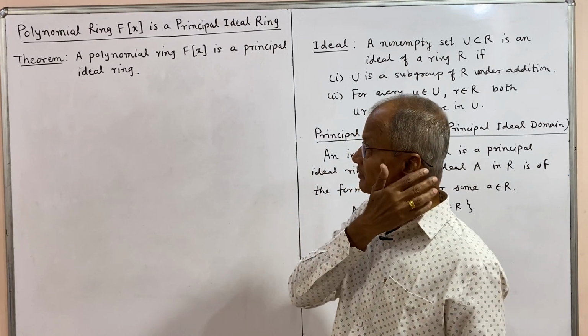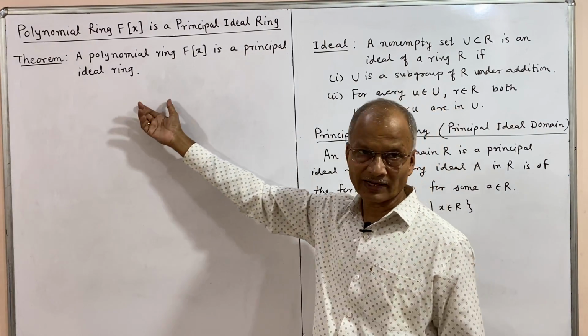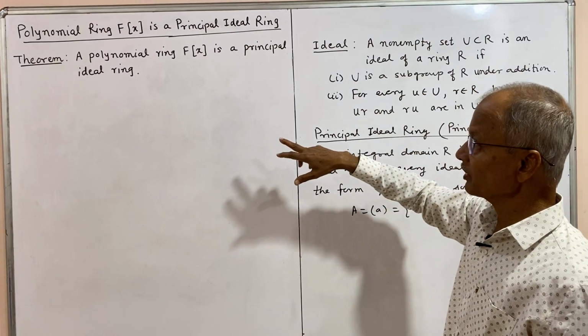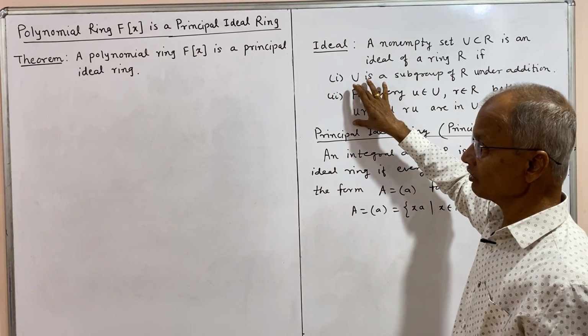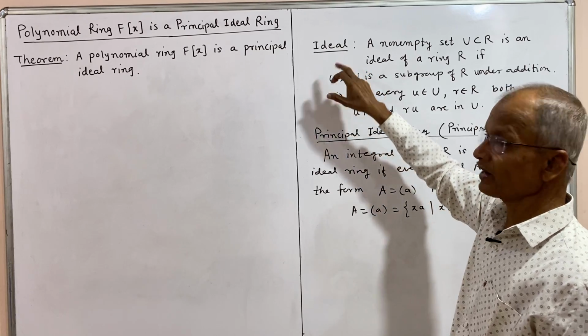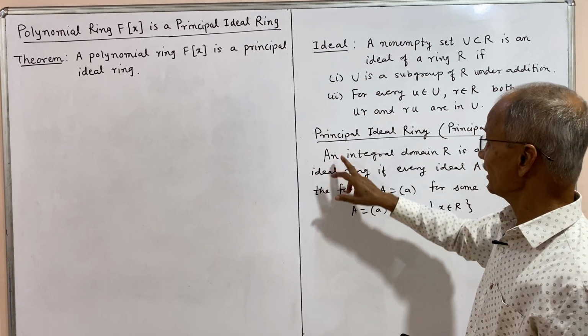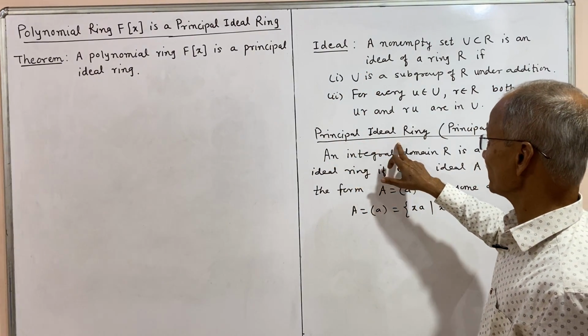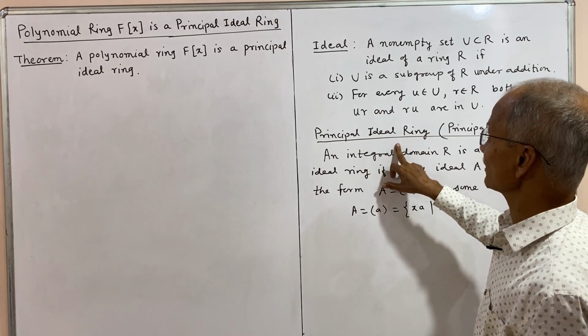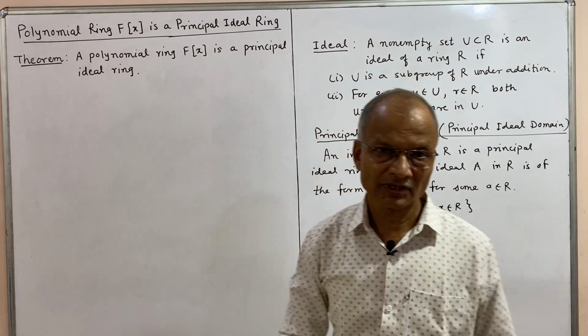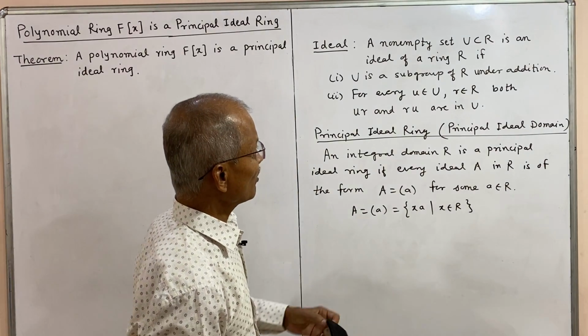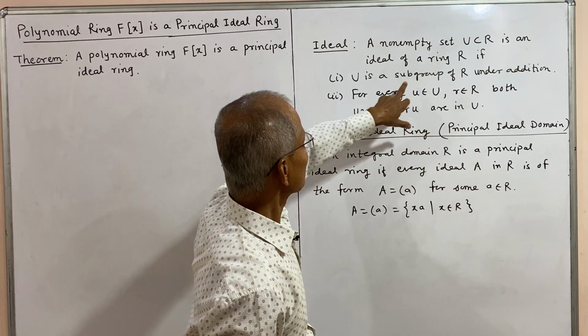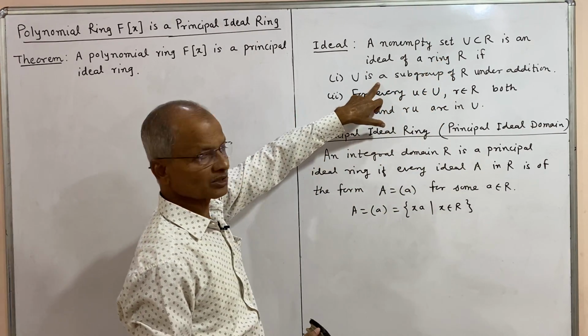Now what is a principal ideal ring, that we shall revise first. For that purpose we already know what is the meaning of an ideal of a ring, and then what is the meaning of a principal ideal ring. An ideal is a non-empty subset U of R, if it satisfies two conditions.